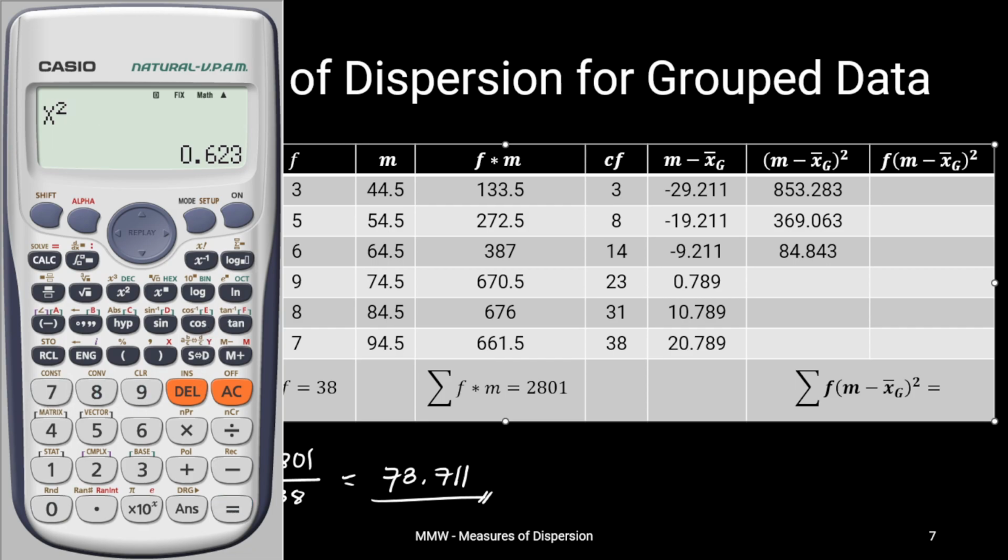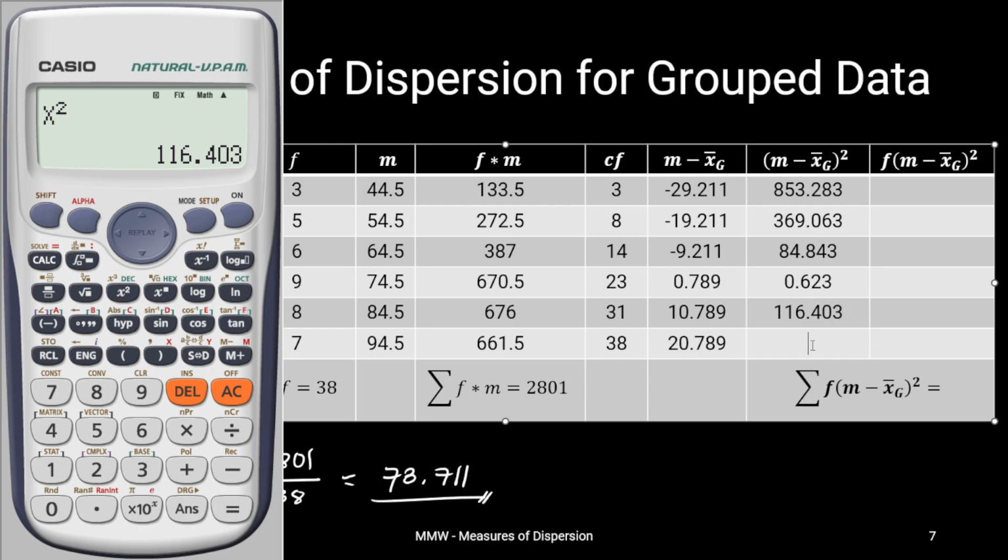So that is 0.623. Okay, next. 10.789. So we have 116.403.